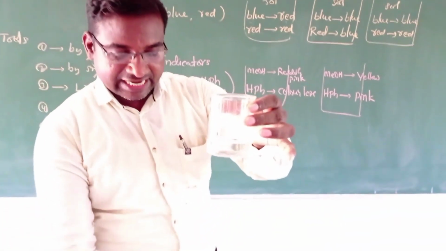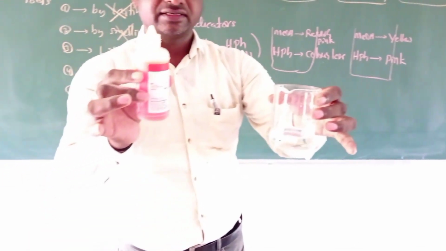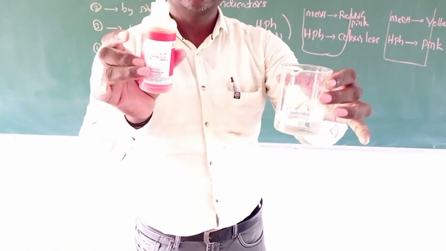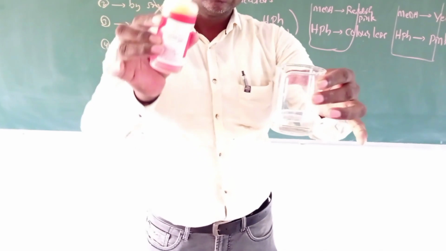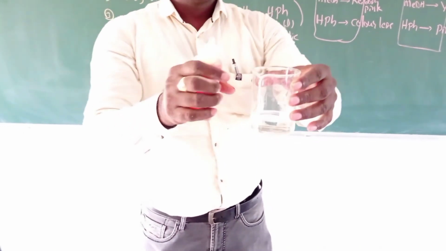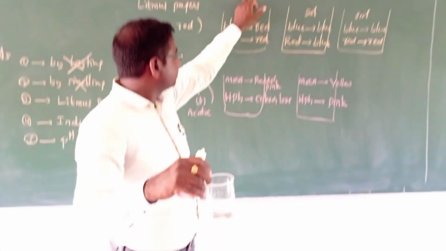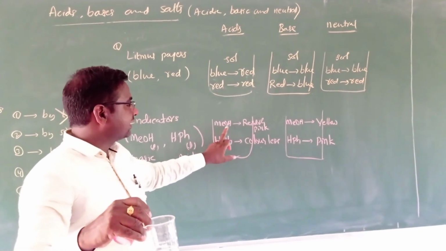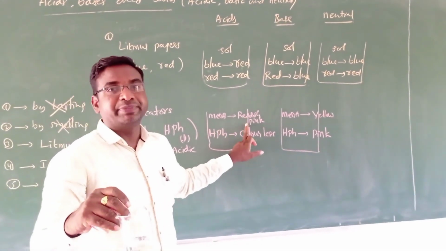Now let us see. This is the acid and this is the basic methyl orange solution. Now I am adding this indicator to this acidic solution. In acidic medium, methyl orange turns reddish pink.